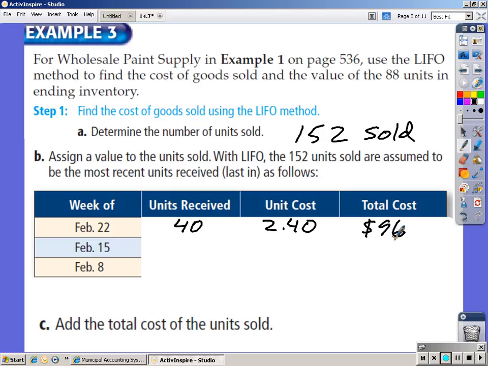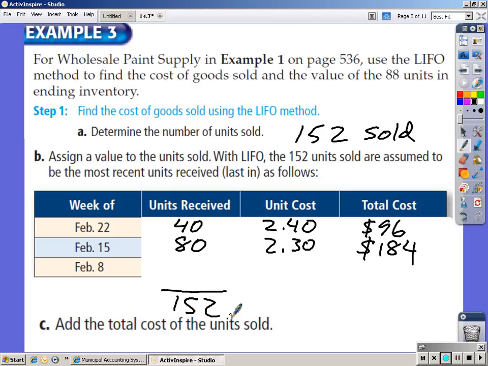On February 15th, we had 80 units at a cost of $2.30. 80 times 2.30 is $184. All right, now, if you recall, we want the units received column to equal 152. Okay? Right now we're at 120.